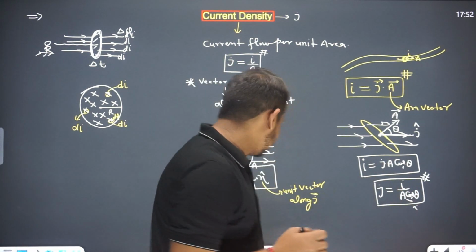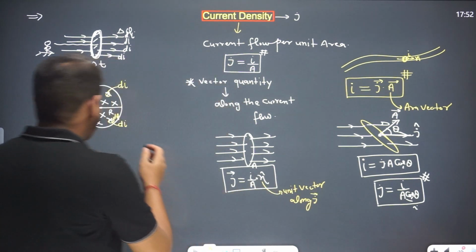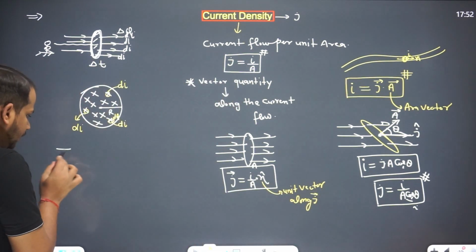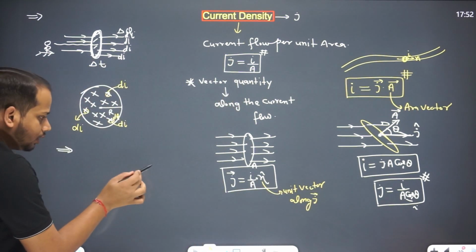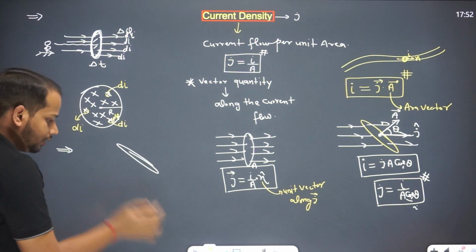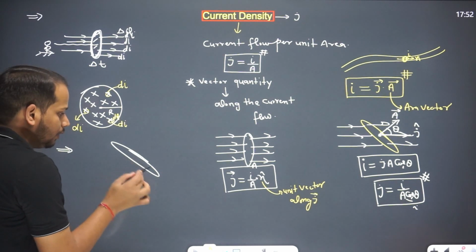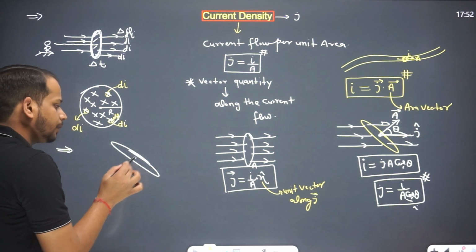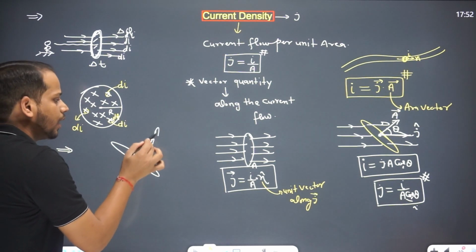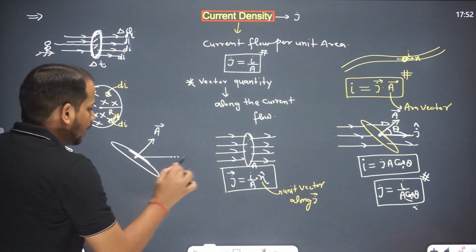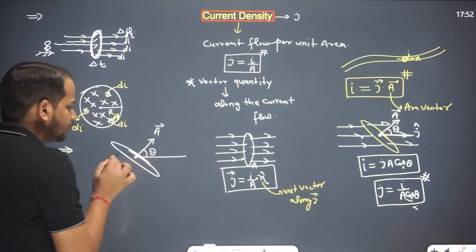Like I am just telling you, let's see how you know about the component. If this is the area we have, and the area is a vector quantity, this is the vector A, and the angle here is theta.